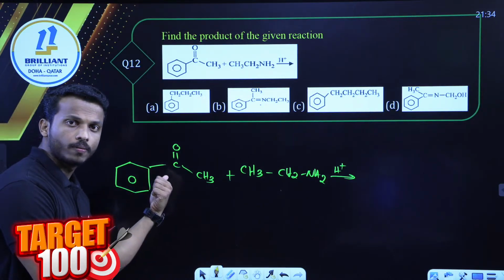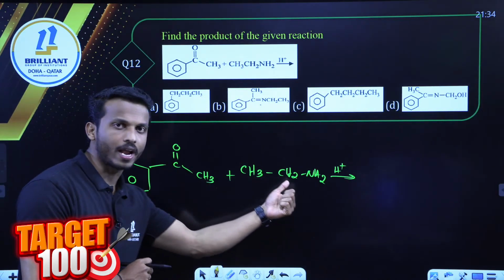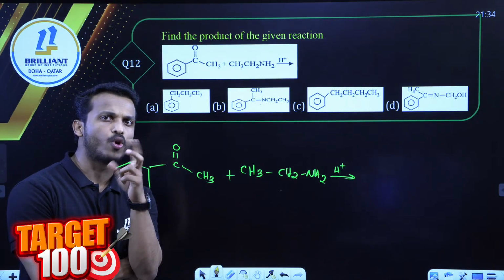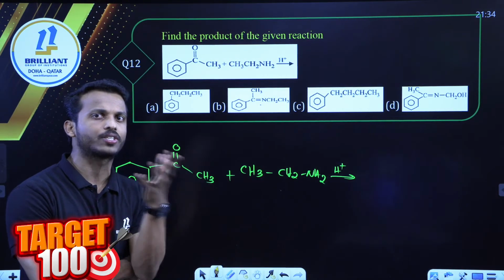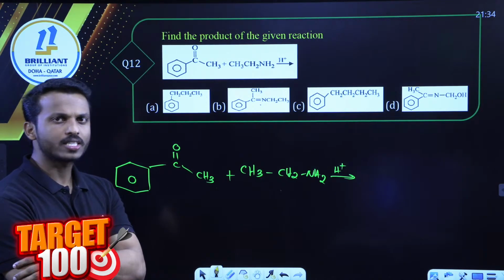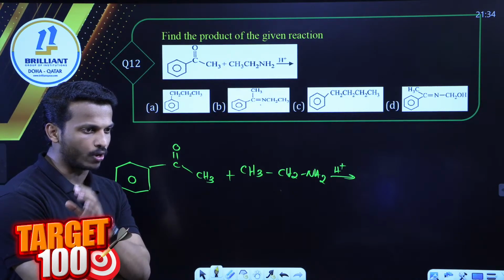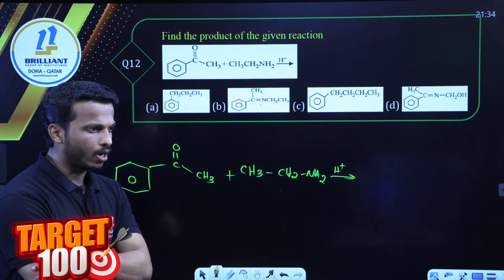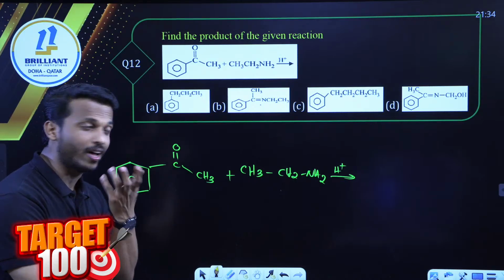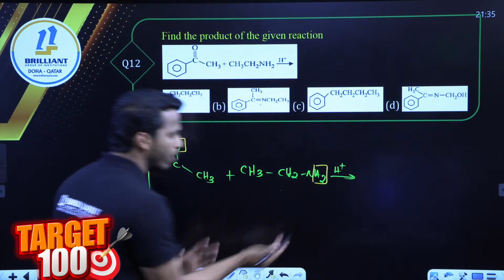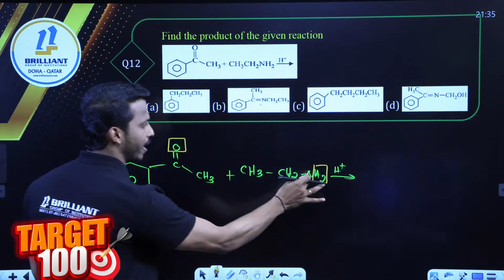It's a ketone treated with an amine. When a ketone or aldehyde is treated with an amine or ammonia derivative, a simple reaction happens: just the elimination of water. Eliminate water from where? Remove this oxygen and these two H's, and connect the remaining parts on this side.